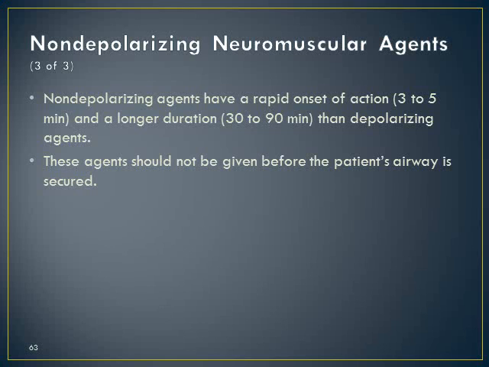Now, however, if you've got a patient that's hyperkalemic or you suspect hyperkalemia in them, we may use vecuronium as our actual initial paralytic as well. But again, if you're going to do that, you need to make sure that you're going to be able to secure that airway and get that airway under control.